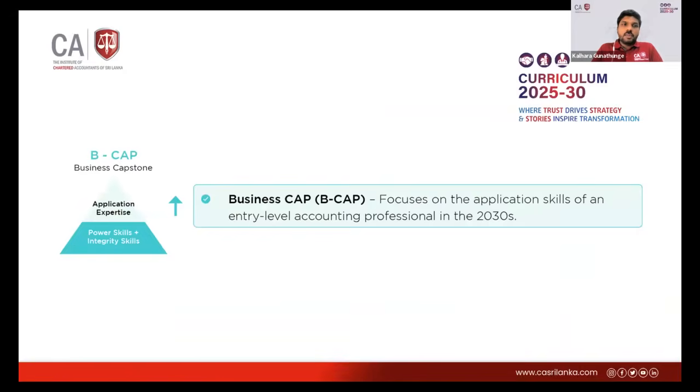In the business capstone subject at the very first level, we are going to create an entry-level accounting professional who has hands-on experience of the real business environment. So on that perspective, we are going to develop an entry-level accounting professional through this curriculum.